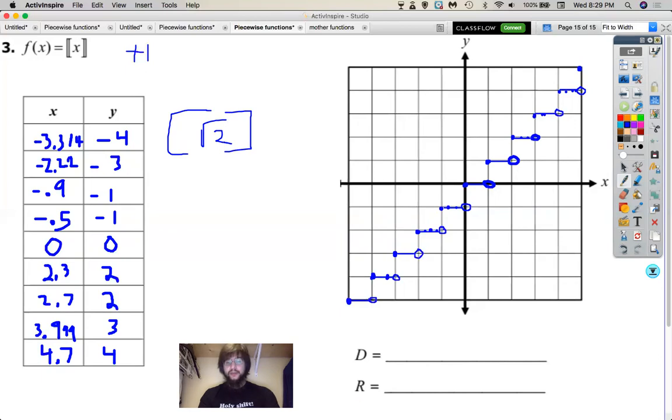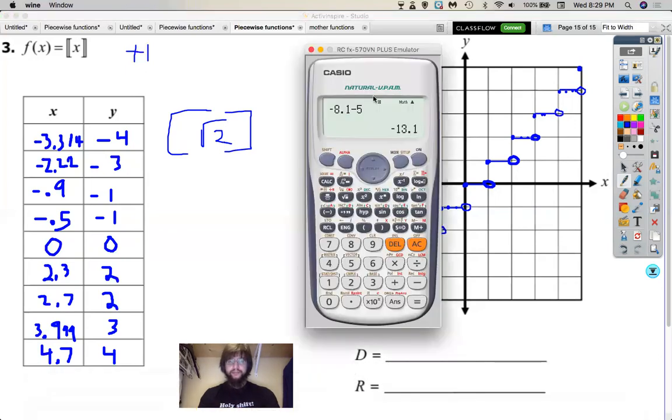I don't know. Hey, Cassie, what you got? Greatest integer of the square root of 2. Oh, hey, look, it's 1. We know that because the square root of 2 is roughly 1.4 something, something.